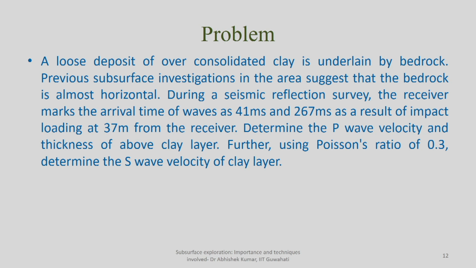So, the numerical is like a loose deposit of over consolidated clay is underlain by bedrock. Okay, just before solving this numerical, I would like to highlight, like the numerical problem which I showed earlier, it was related to the derivation which I showed you here, it was considering relatively leveled ground.